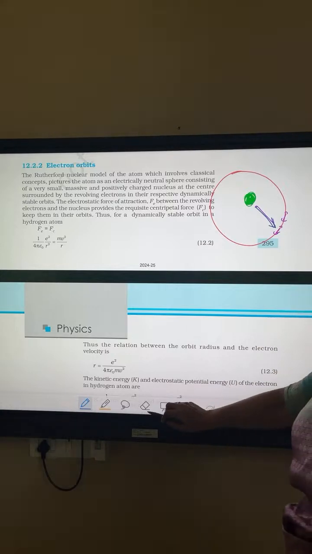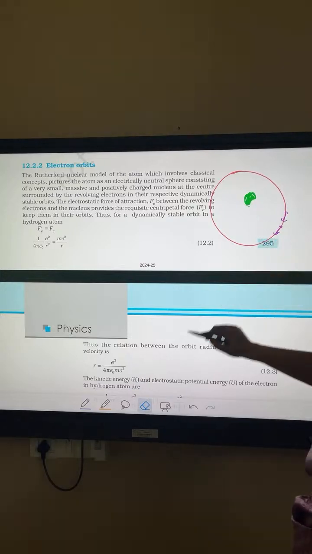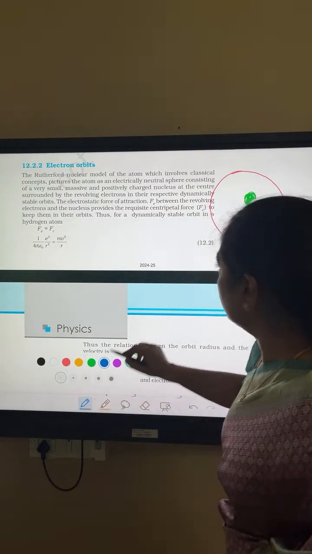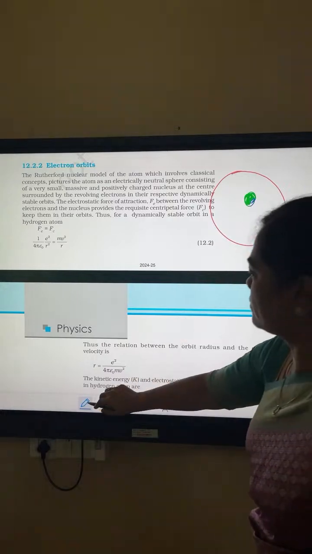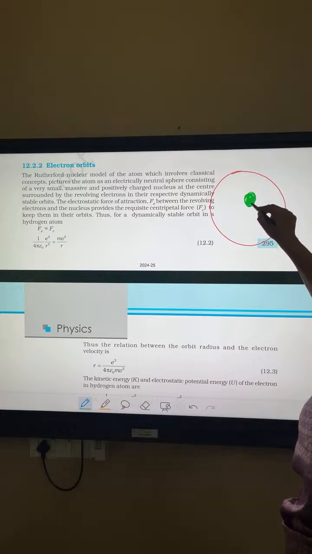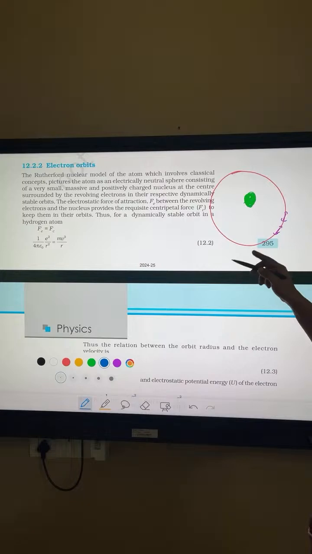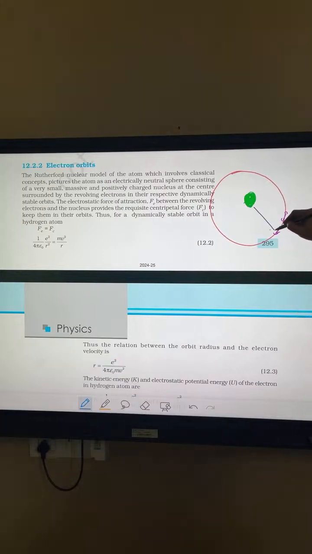You can also write that the electron is attracted towards the nucleus. Anyway, it is influencing the electron, so this is the electrostatic force of attraction. Since the electron is moving like this, what is the velocity of the electron?